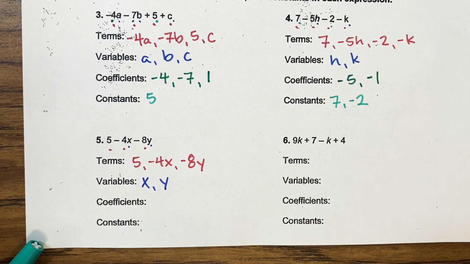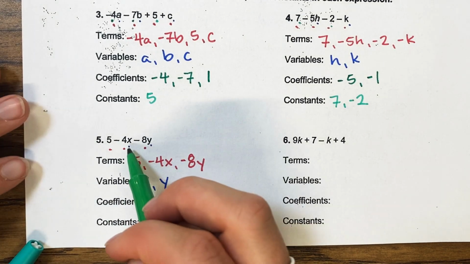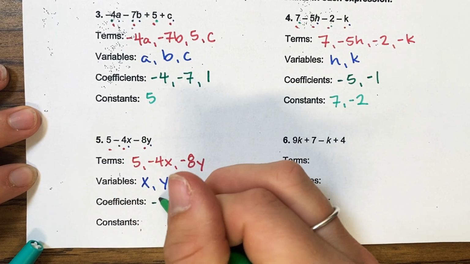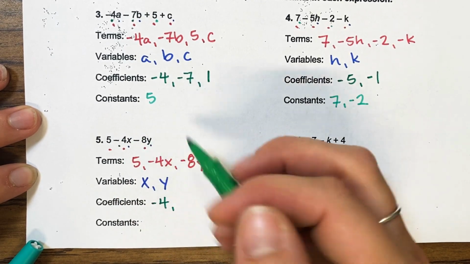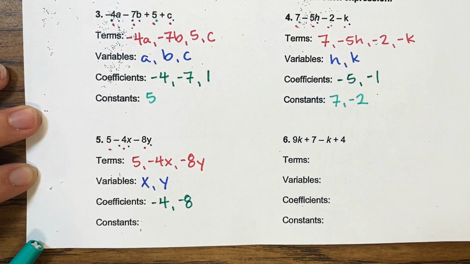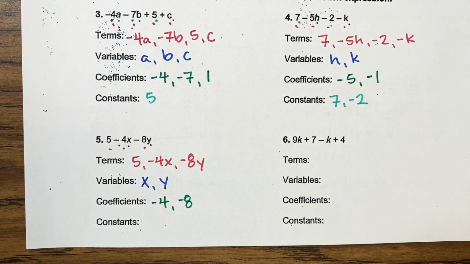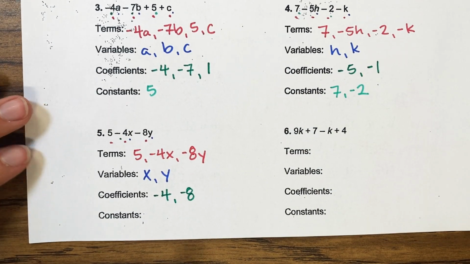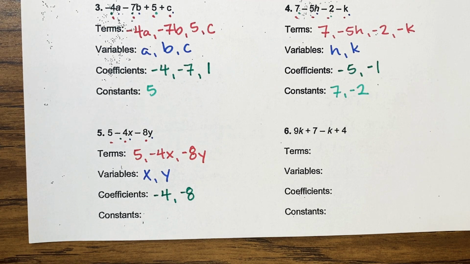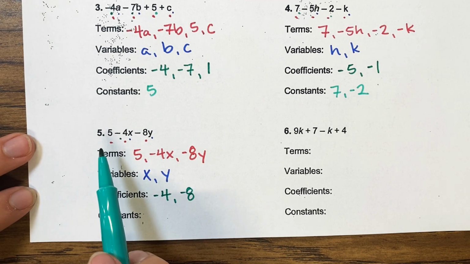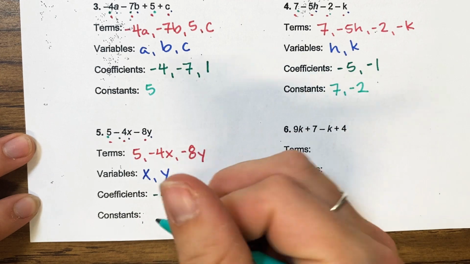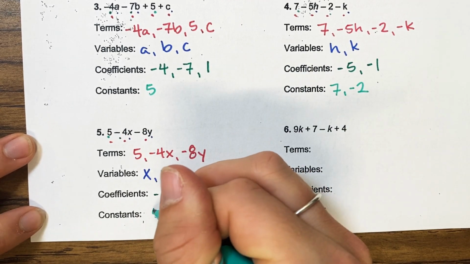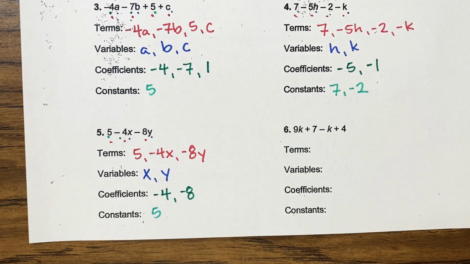Coefficients, numbers right in front of those variables. The x is right here, which means our -4 is a coefficient. Our y is right there, which means -8 is a coefficient. And our constants, the numbers by themselves with no variables attached, I just see that +5.